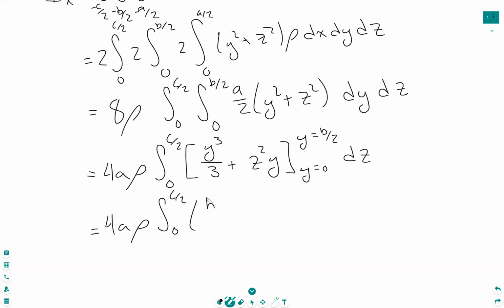This is the quantity b cubed over 24 plus z squared times b over 2 dz.